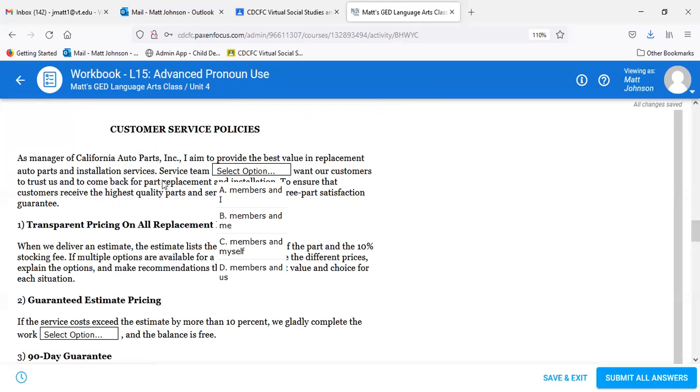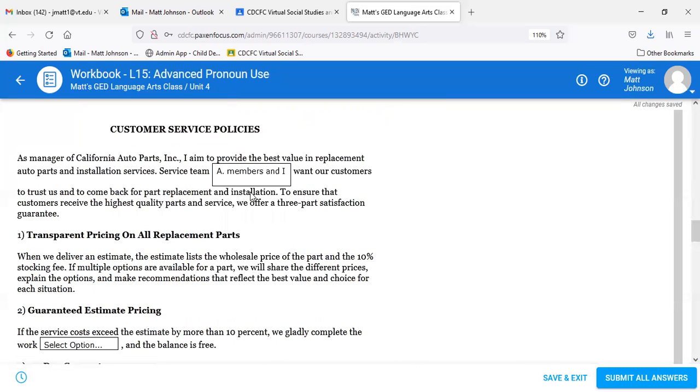So it's service team members and I, right? Want our customers to trust us. So again, this is the subject, want is our verb, and our customers are the object here.